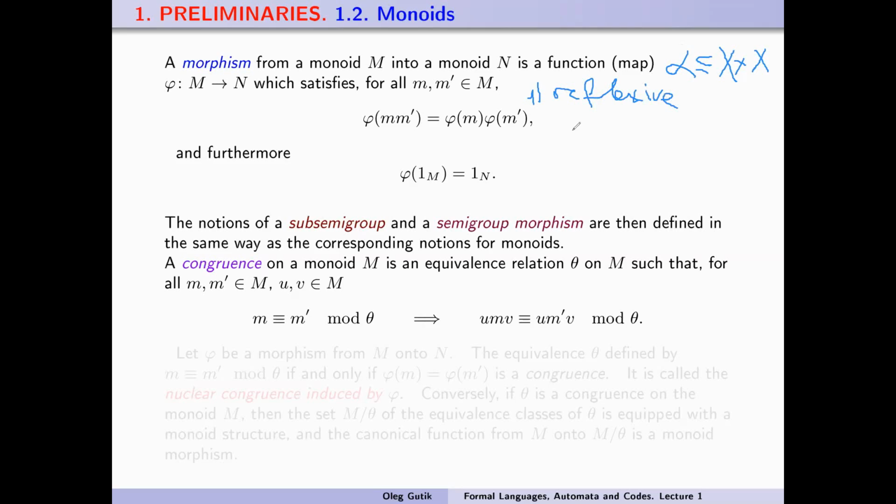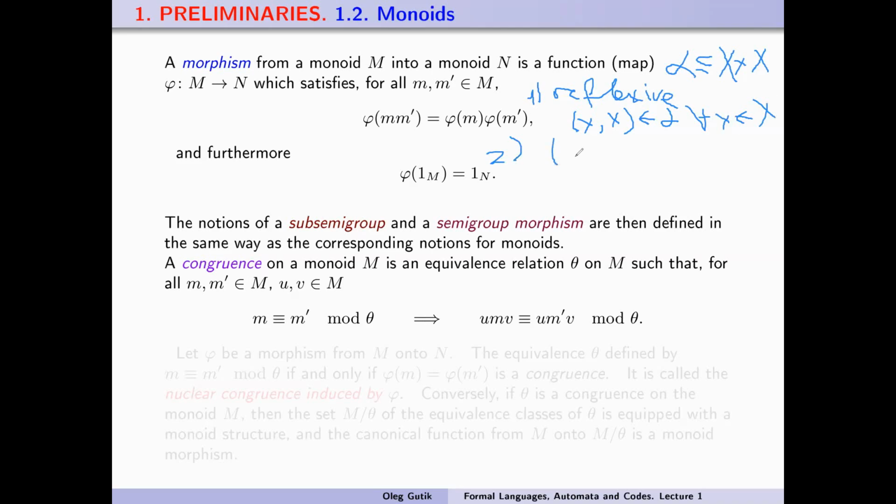This means the following: (x, x) belongs to alpha for all x from X capital. It's symmetric. What does this mean?